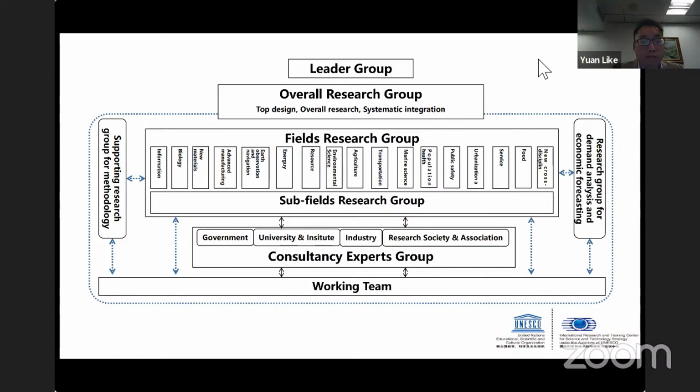We also have other groups supporting the methodologies. One will help us build a platform for online survey questionnaires, and the other research group is for demand analysis and economic forecasting.